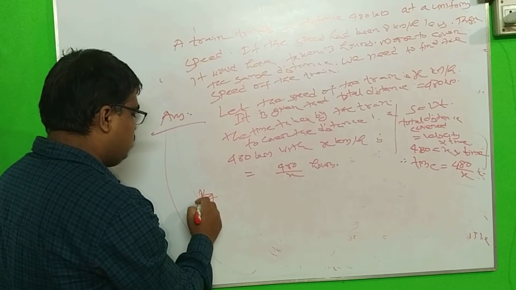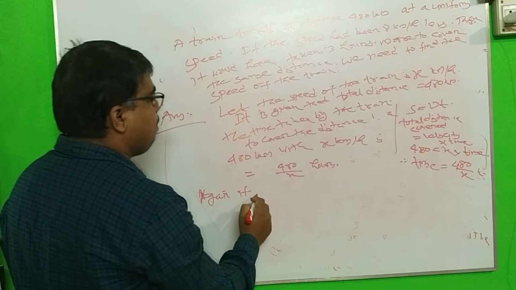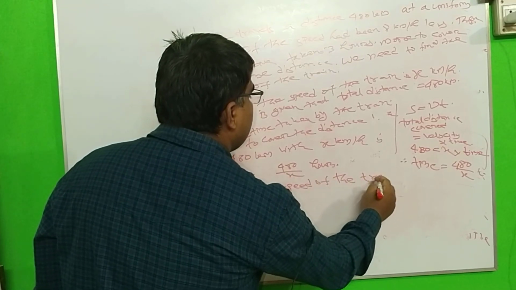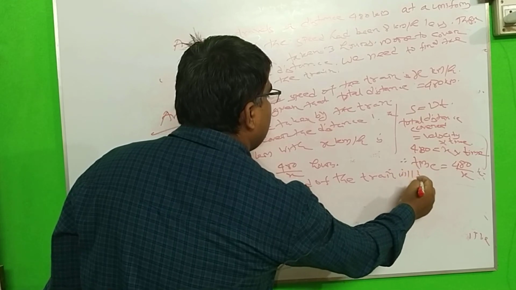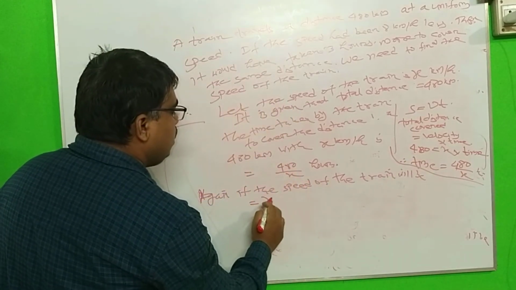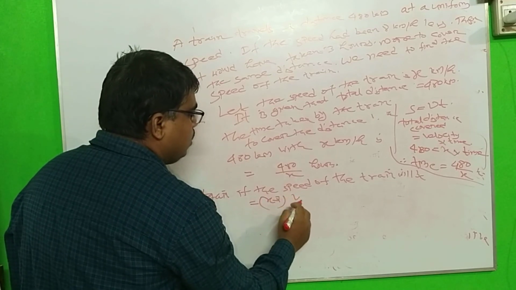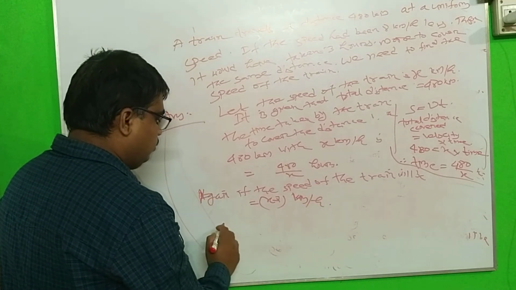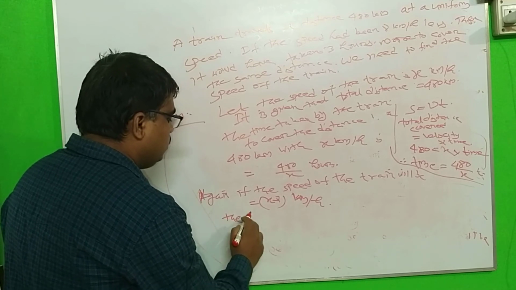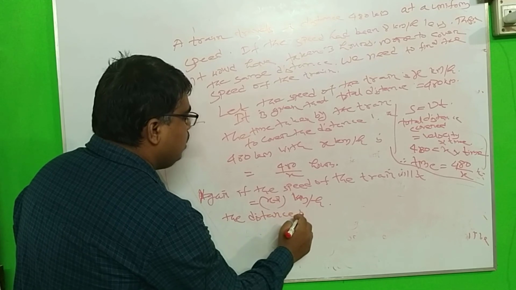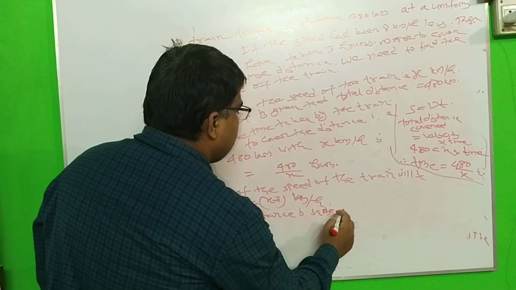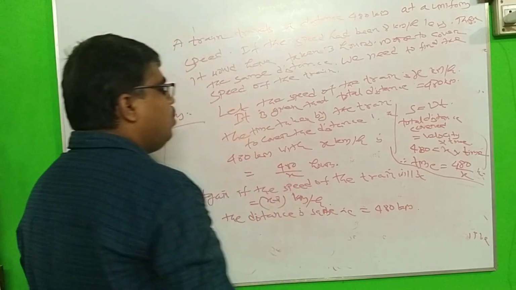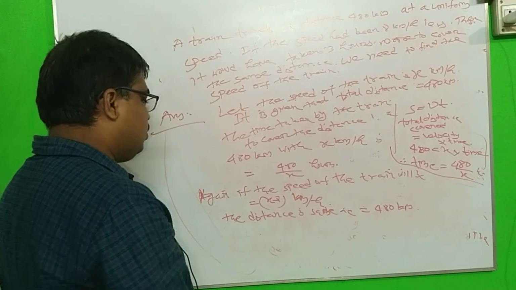Again, if the speed of the train will be x minus 8 km per hour, the distance is the same, that is equal to 480 kilometers.